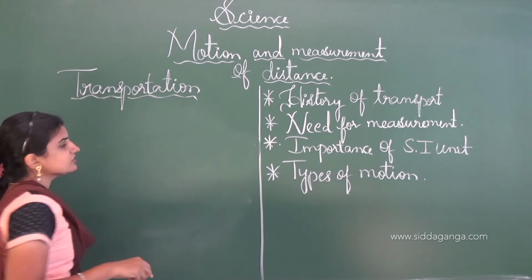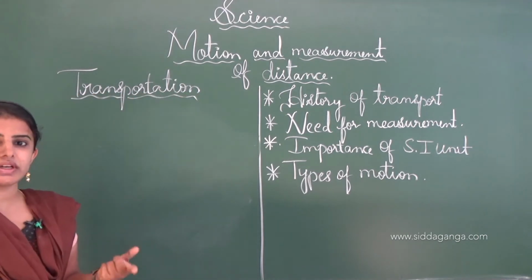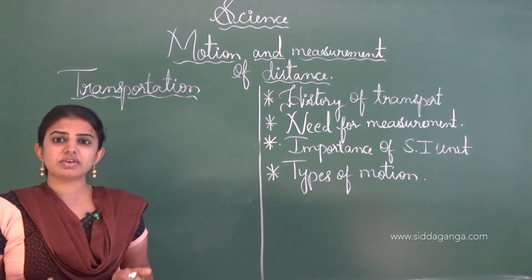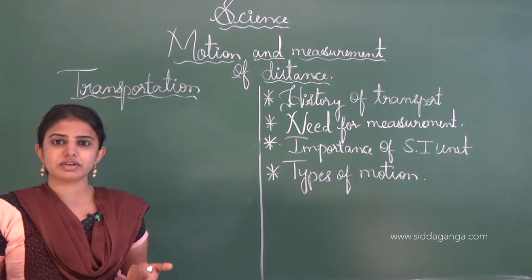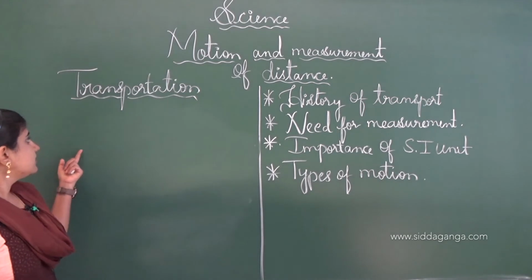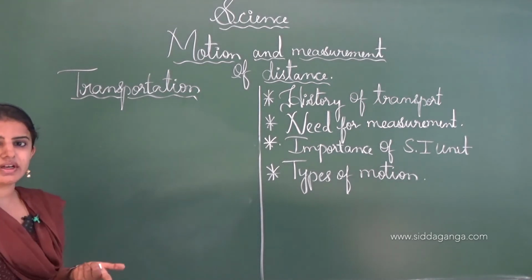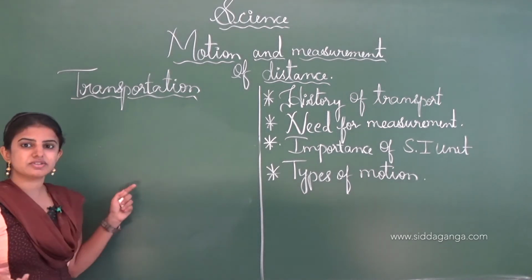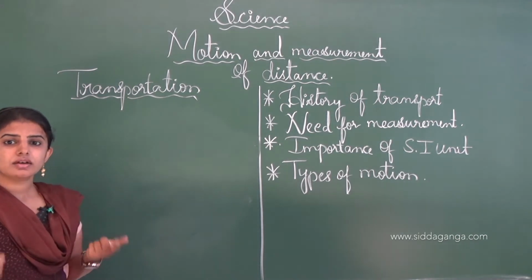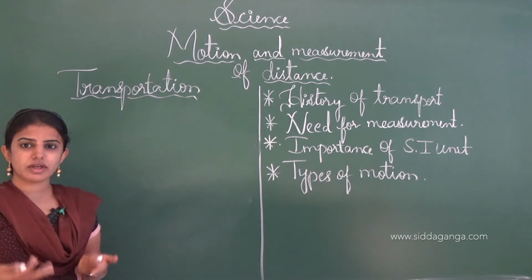See, transportation is nothing but movement from one place to another by using a vehicle or any instrument. We call them devices, and the vehicle we use is called transportation. And here there are three main types of transportation.